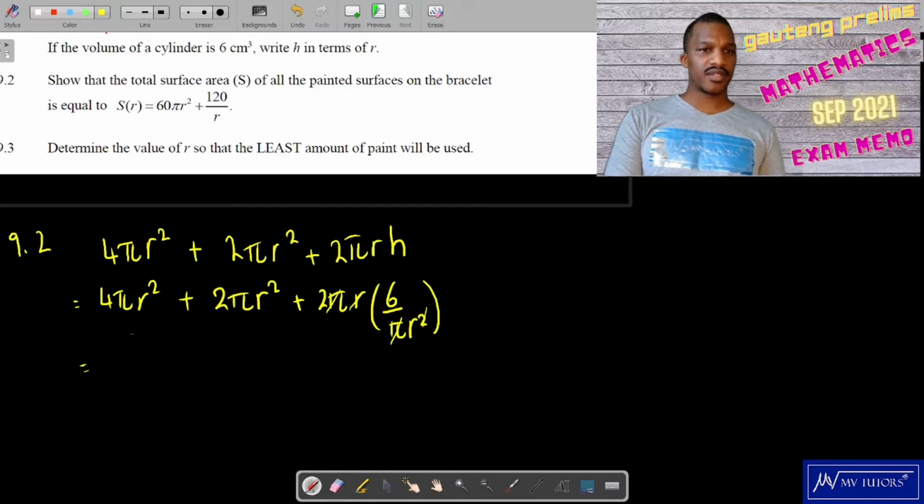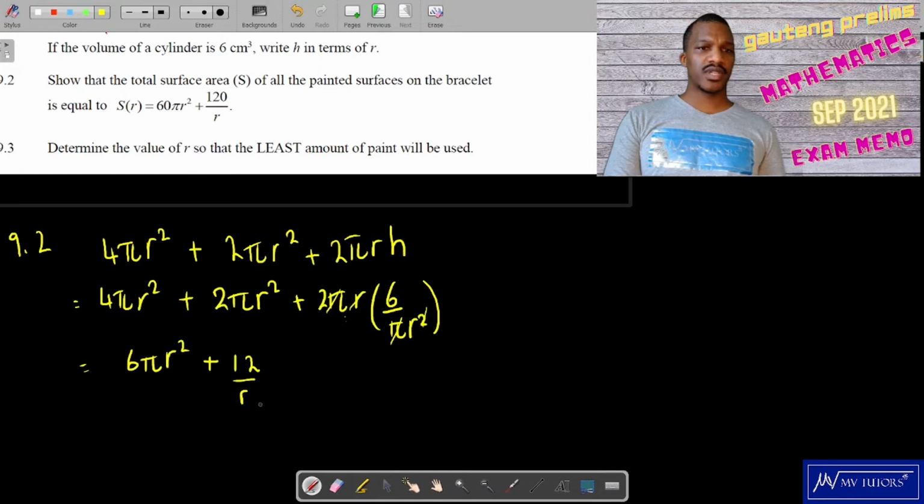So finally, what's 2 pi r plus 2 pi r? That is 6 pi r squared, plus what's 2 times 6? 2 times 6 is 12, over r.